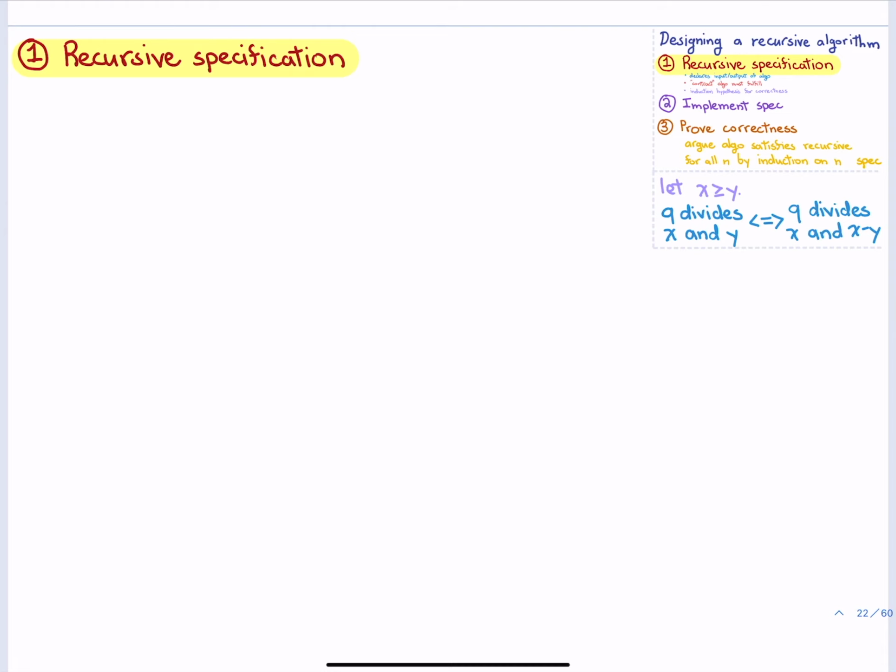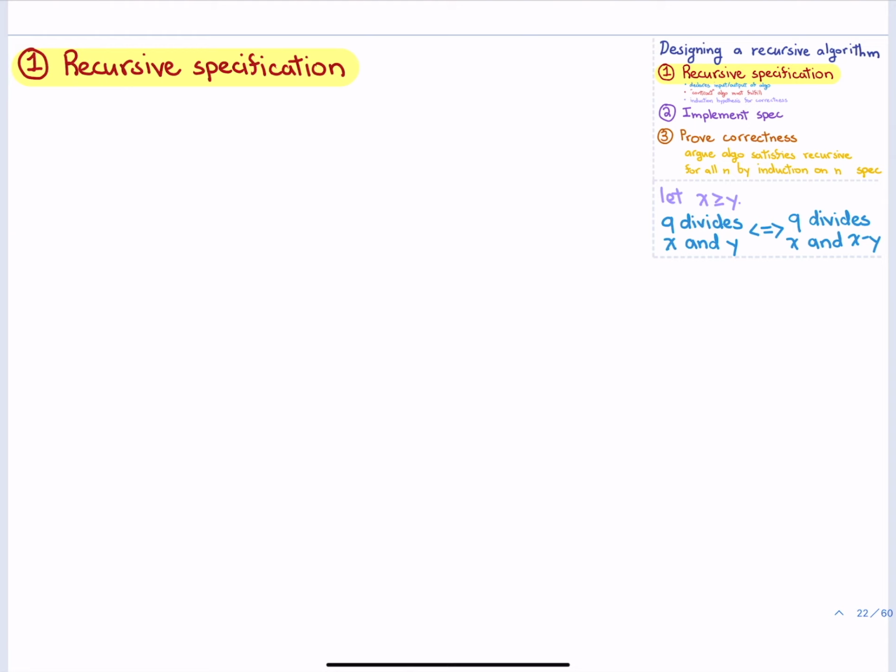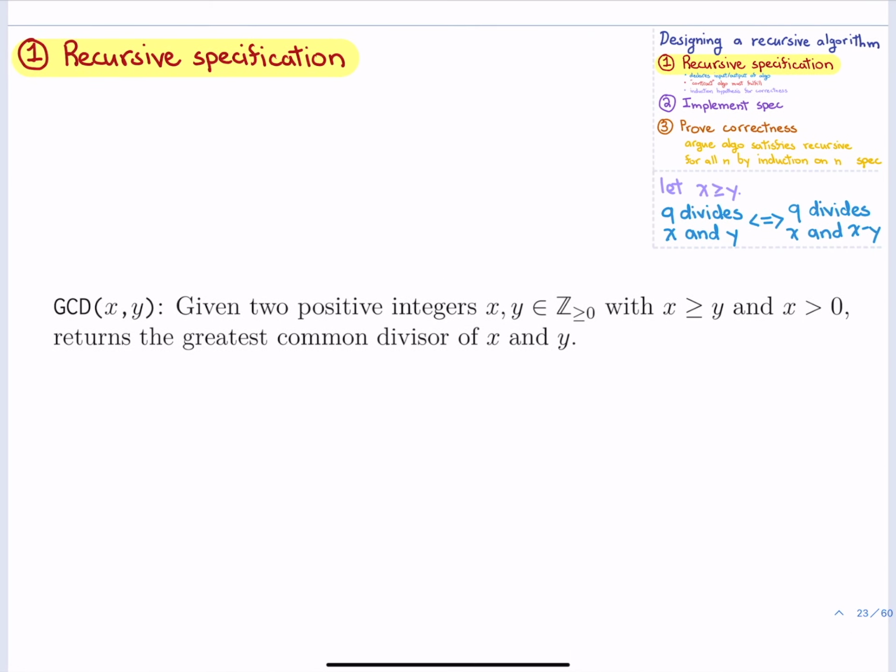What's a reasonable sentence to set up a recursive algorithm? I'm roughly just asking you to restate the problem. It returns the greatest common divisor of x and y. Sometimes there's not much to do, but roughly just restate the question.